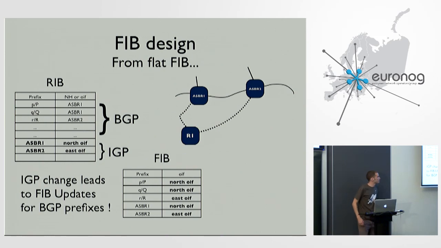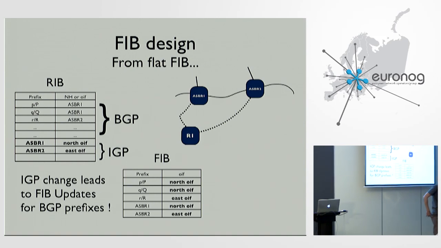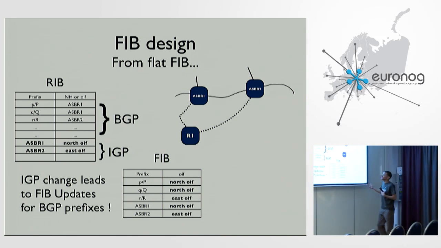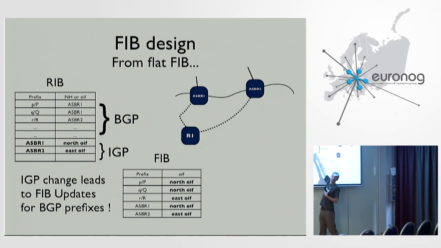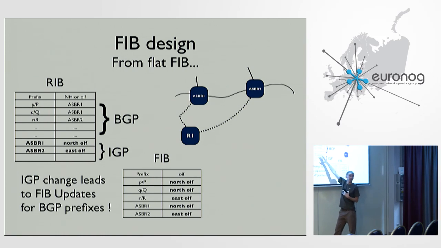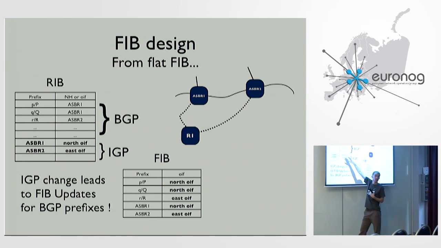So let's review the history of forwarding information bases in distributed router architecture. In the past, we had flat FIBs. What does a flat FIB mean? It means that the different routing daemons are feeding the routing information base in the control plane part of the router. So we have BGP that lets the router figure out that to reach a given external prefix, it needs to use a given next hop, right?